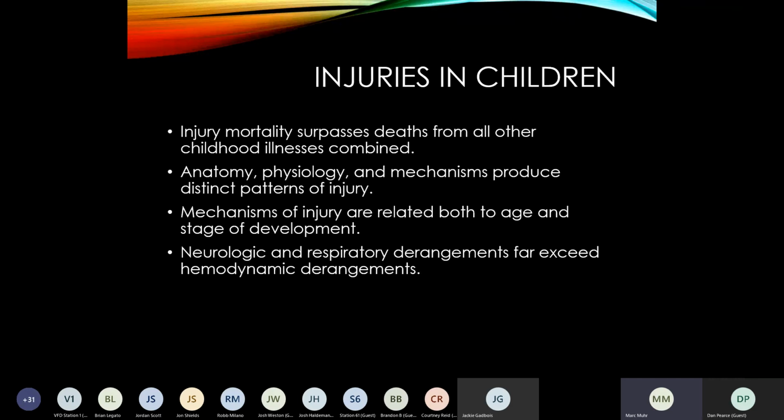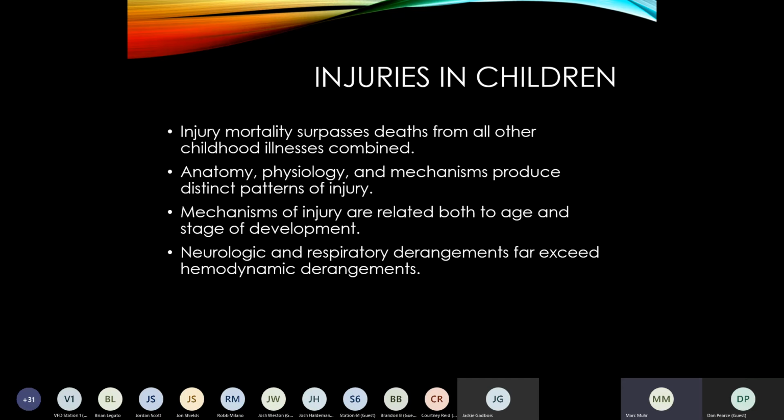Injuries in children, moving on into traumatic situations. Injury mortality surpasses deaths from all other causes in kids. Their anatomy and physiology produce distinct injury patterns and mechanisms, and we'll get into that a little bit further. Mechanisms are related to age and stage of development, and we'll talk about the differences in that shortly.